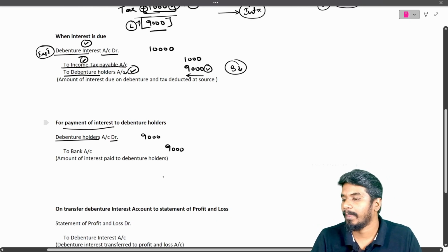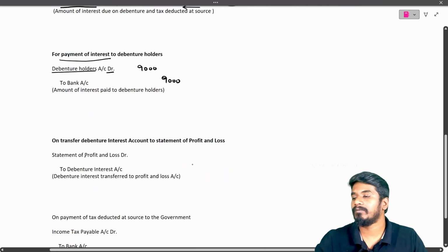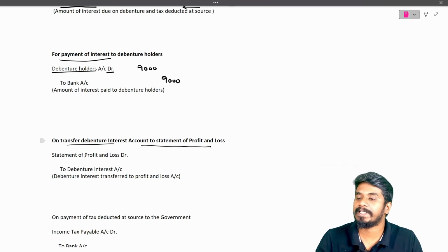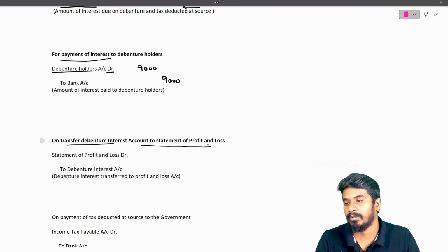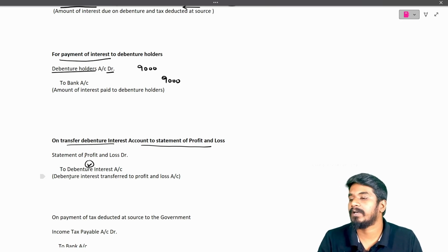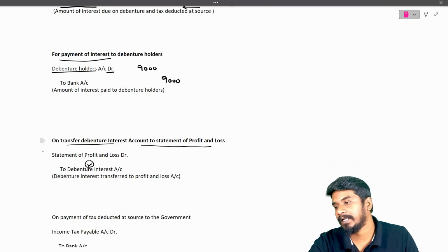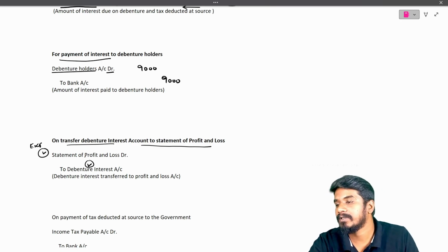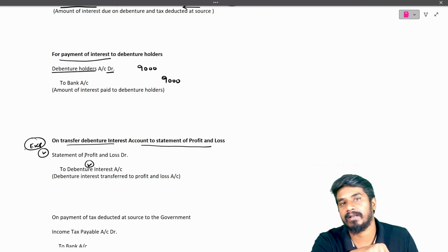Finished? Fine. Let us move to the third one: transfer of debenture interest account to the statement of profit and loss account. Here we need to transfer whatever interest is there to the P&L account. Correct? It is an expense, so we need to show it in the profit and loss account.